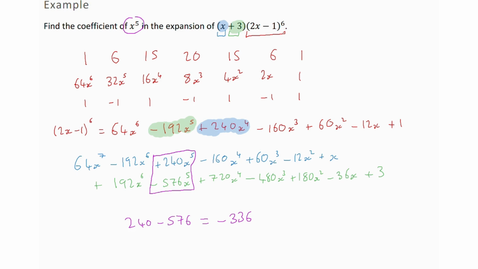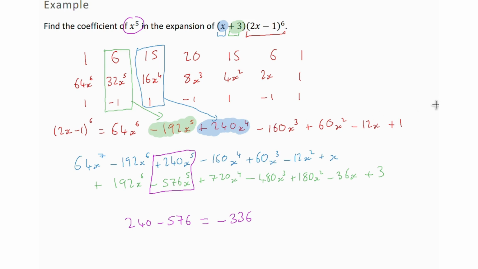So maybe we can use that to work out what we need to do. Well, we didn't need to do the whole expansion. All we needed was the bit that gave us the x to the power of 5. The x to the power of 5 bit was this one here. That's what gave us that term there. And we also needed the x to the power of 4. That was this one here. This gave us the x to the power of 4 term over here.